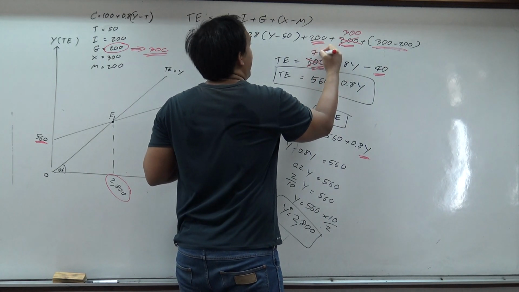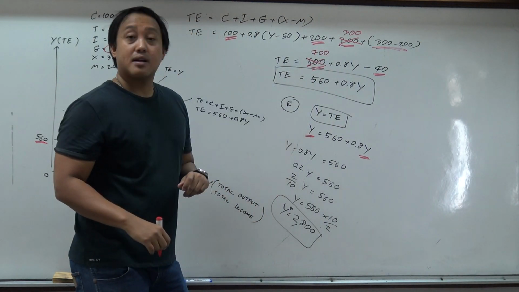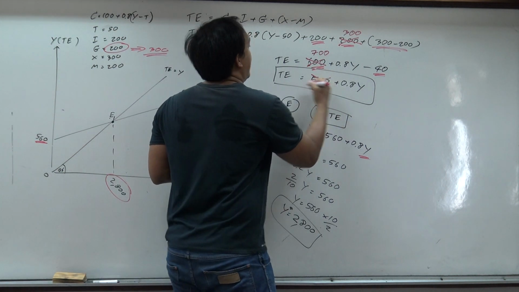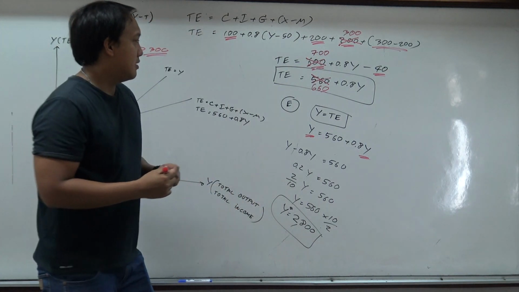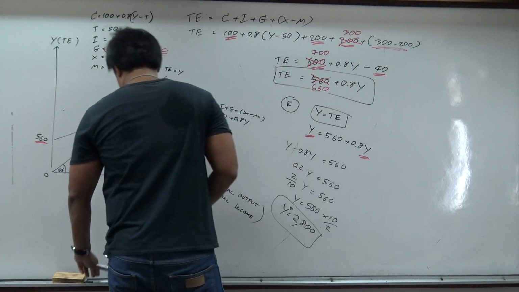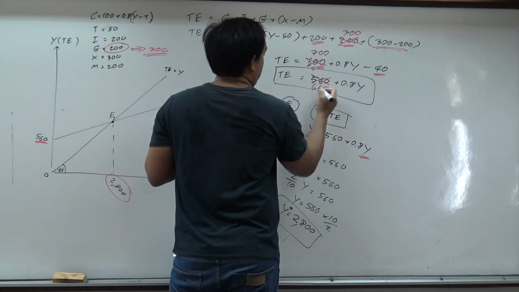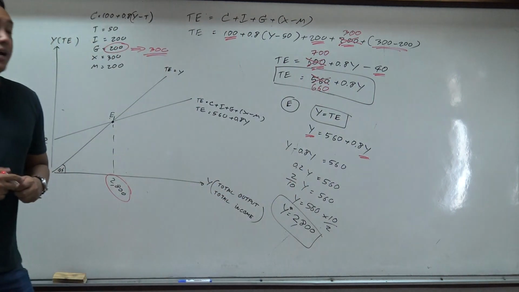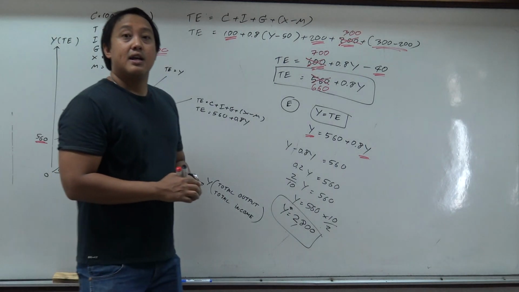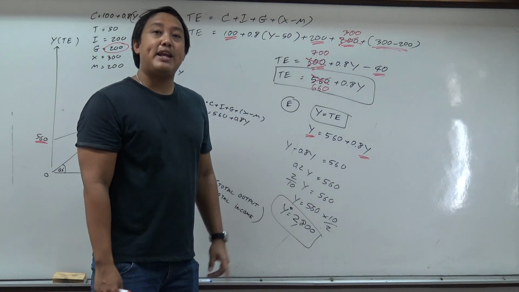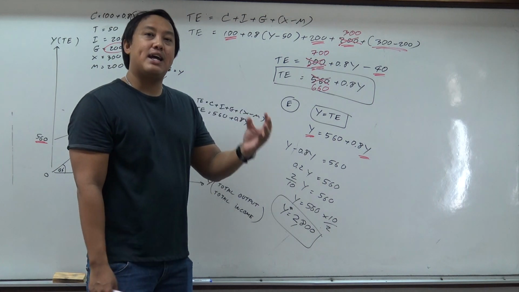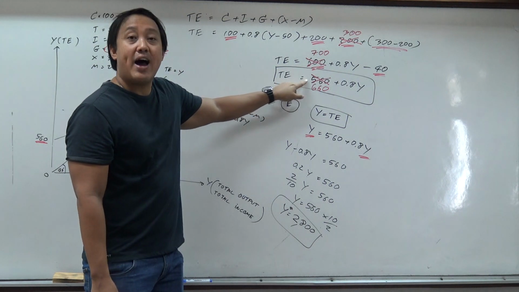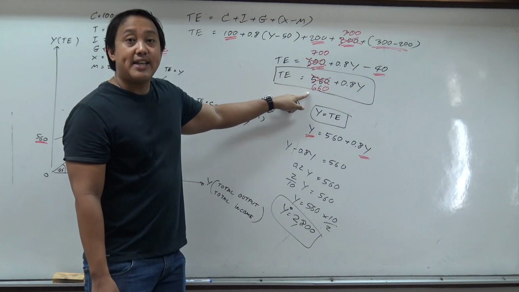This one becomes 700. And this one becomes 660. So increasing the government spending by 100, from 200 to 300, the total expenditure equation changes from 560 to 660.